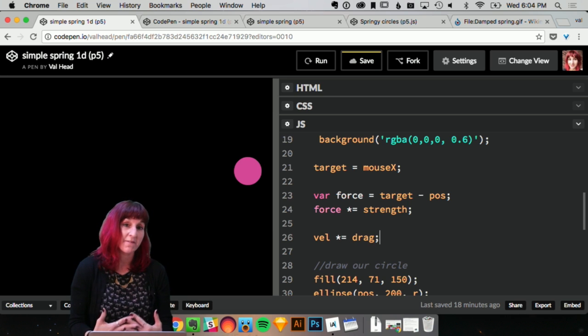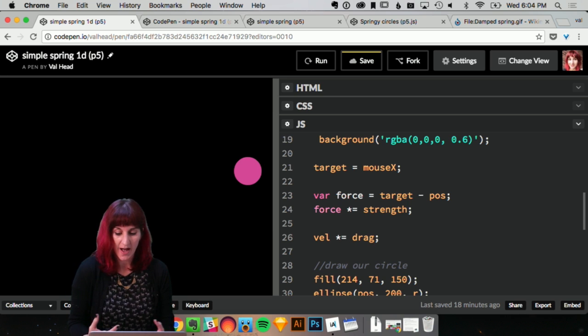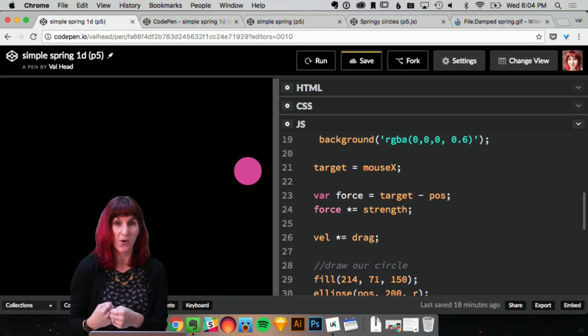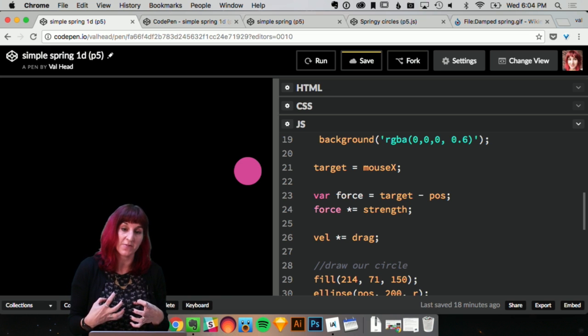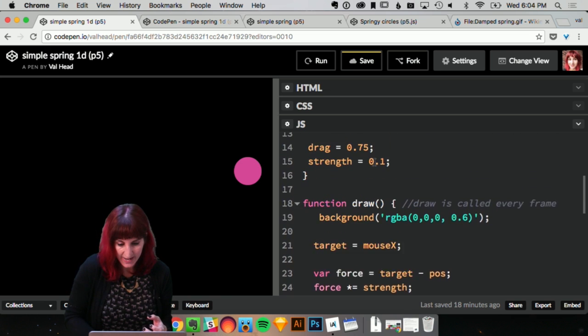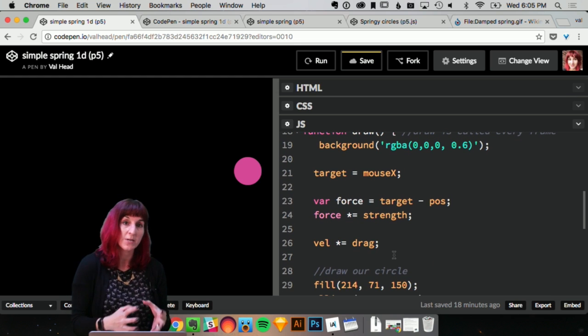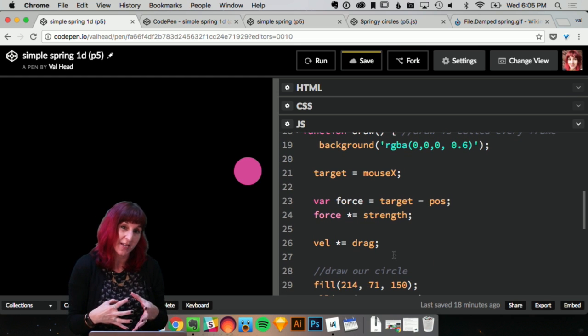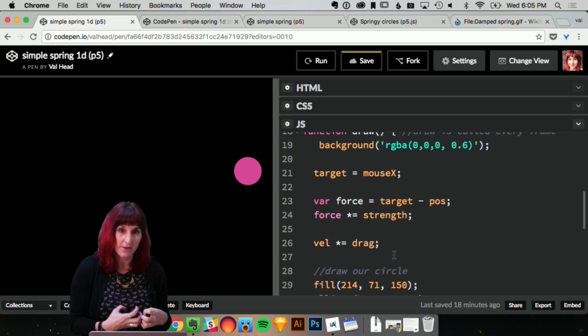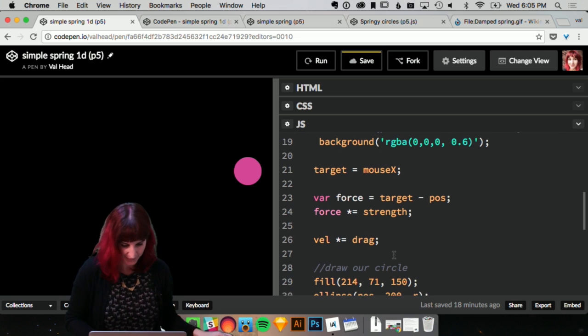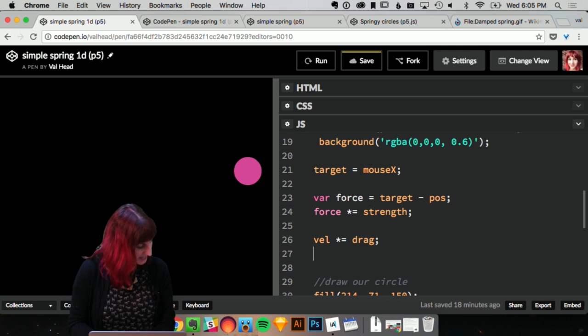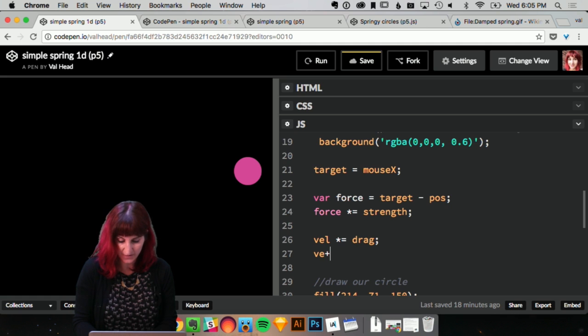That's going to do a very similar thing to our force. The velocity is how far the ball wants to go, but drag is taking away from that velocity. Remember, our drag is equal to 0.75, so whatever our velocity is, we're taking away just 0.25 of it on every frame, so it's getting slowed down a little bit on every frame. Then we'll take our velocity and we will add our force to it.